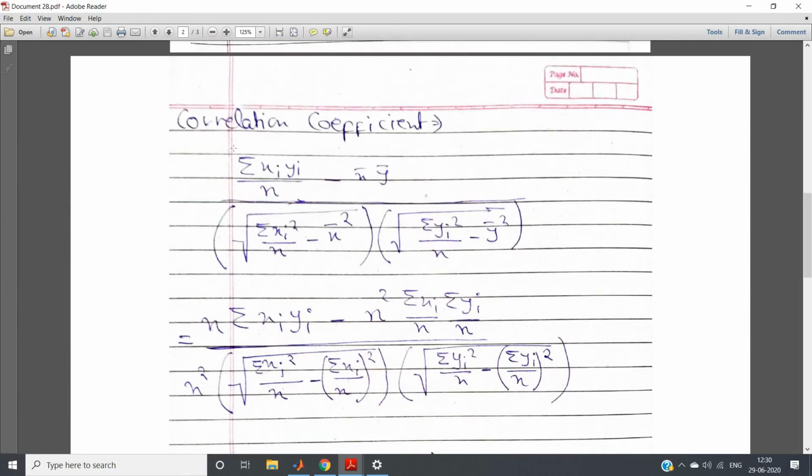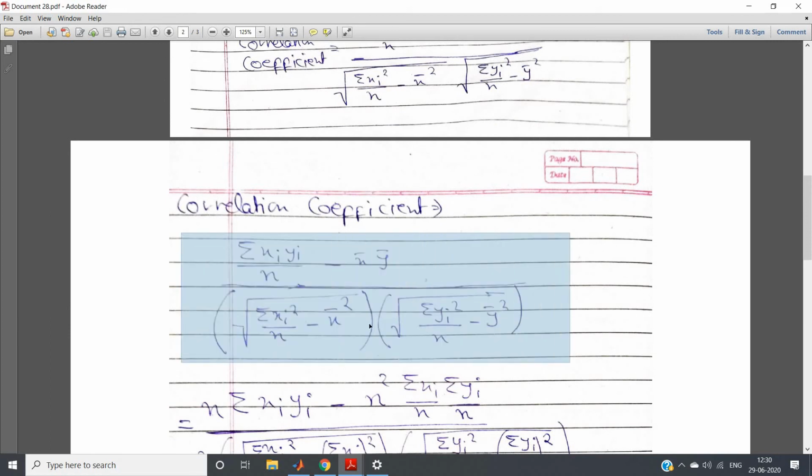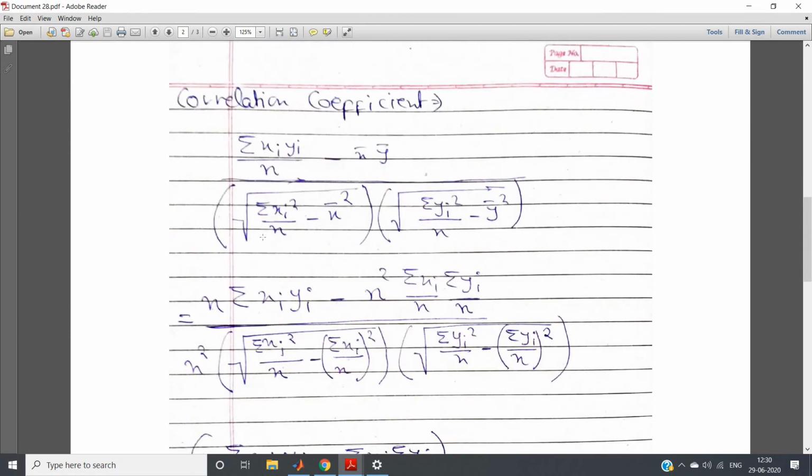Now see, our correlation coefficient, we have got this one, right? From here I have just taken the same one. Now what we can do, we can make some simplification. Multiply n square with both numerator and denominator. If you multiply n square, this n square and n will nullify each other and only n will remain.